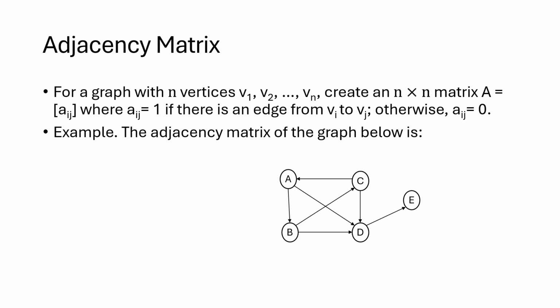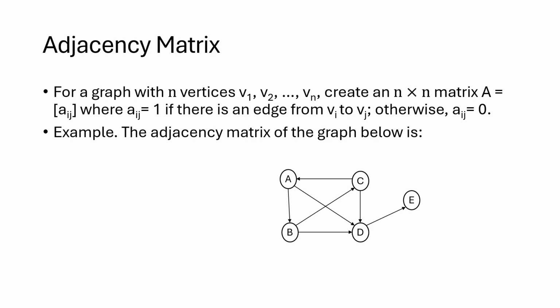In that case, the adjacency matrix for that graph will be an n by n matrix, where each entry is either 0 or 1. And the value of the entry on the ith row and jth column depends on whether or not there is an edge from vi to vj. If there is, we put a 1 as that entry, and if there isn't, then that entry is 0.